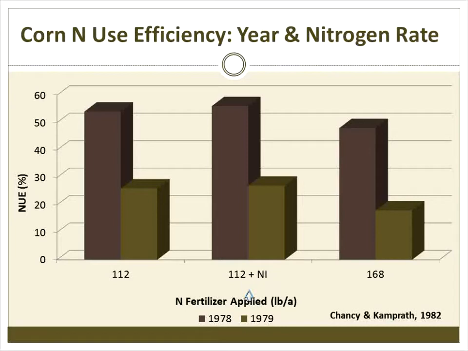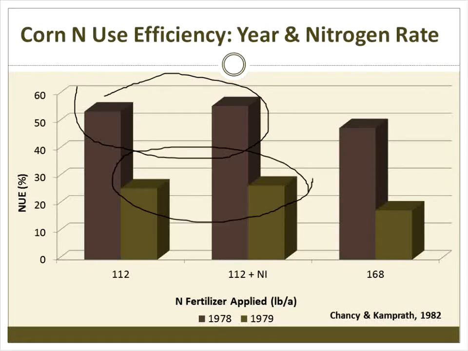The nitrification inhibitors, in fact, really do not work in North Carolina. We've seen this over and over again. But again, because we got more rainfall in 1978 than we did in 1979, nitrogen use efficiency was greater than it was in 1979.